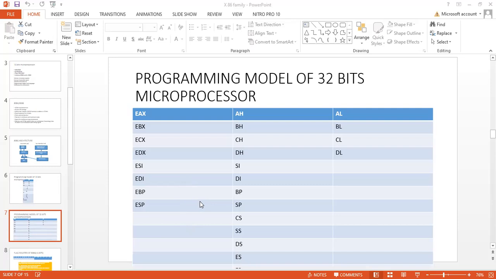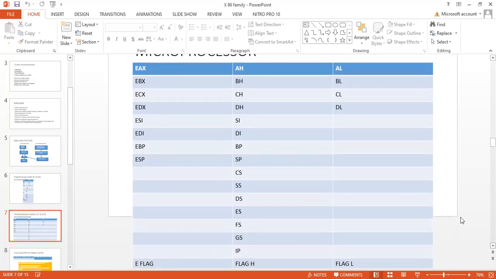And then you have the segment registers: code segment, stack segment, data segment, extra segment, F segment, and G segment. These are 16-bit registers.